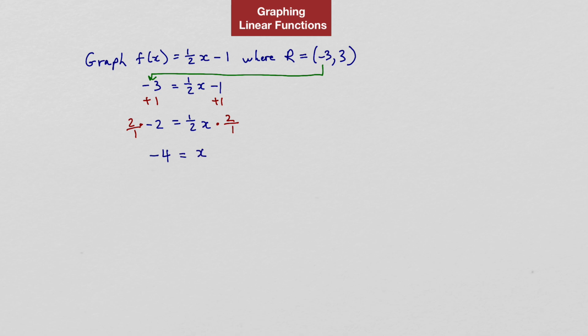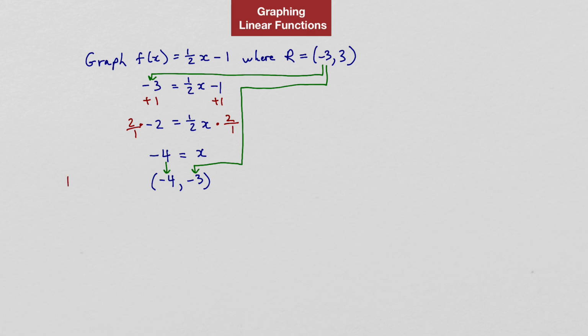Okay, so now that we know x is equal to -4, our first point is going to be -4, comma, -3. Okay, so this -4 goes in there, and our -3 goes right here.